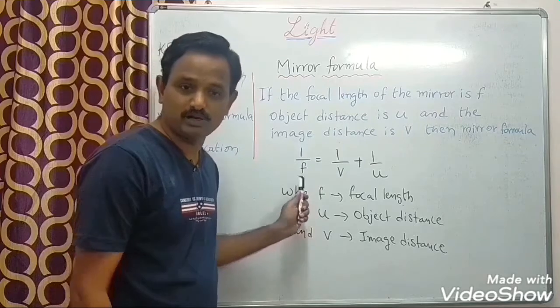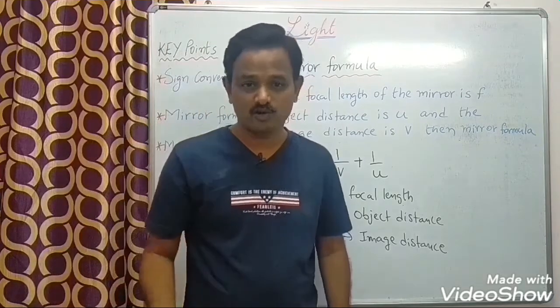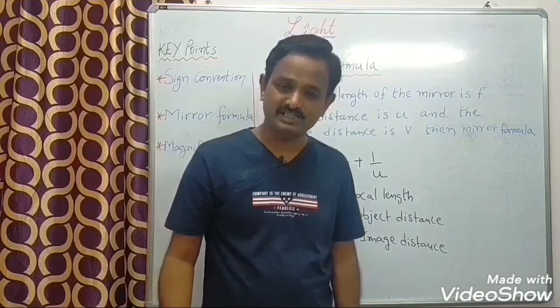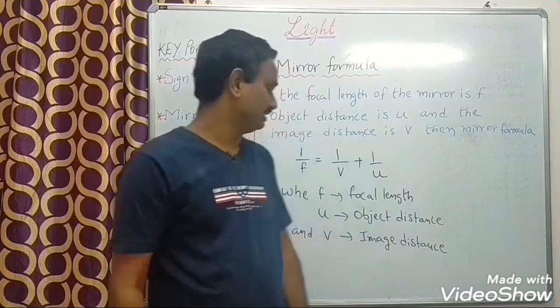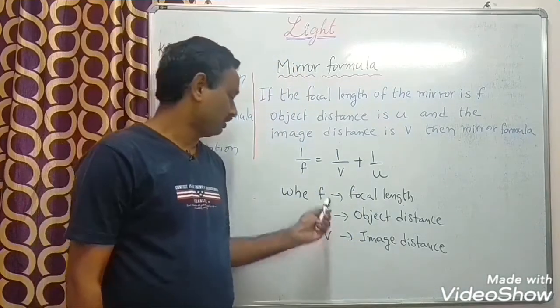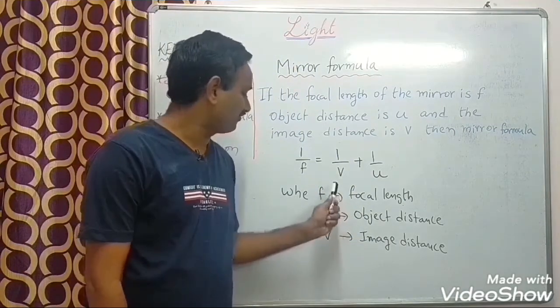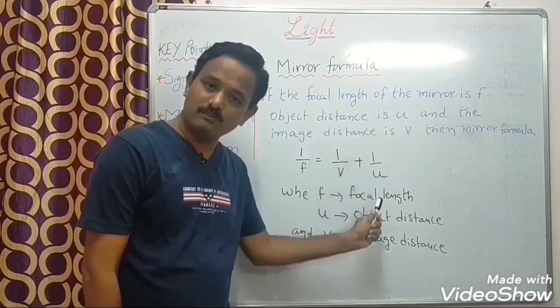Students, by using this formula, we can find focal length, object distance or image distance. So, the mirror formula is 1 by f equal to 1 by v plus 1 by u.